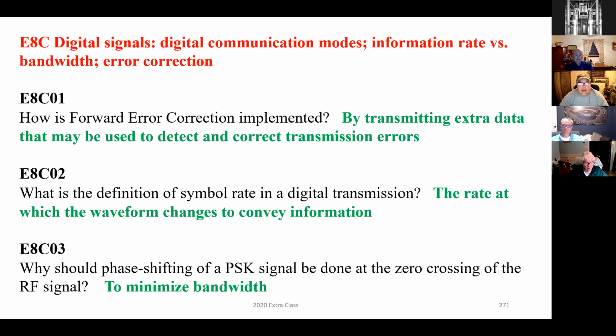How is forward error correction implemented? By transmitting extra data that may be used to detect and correct transmission errors.